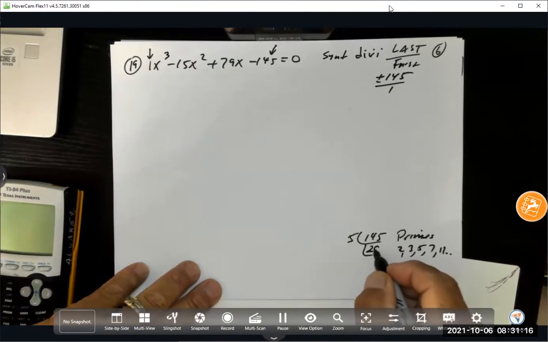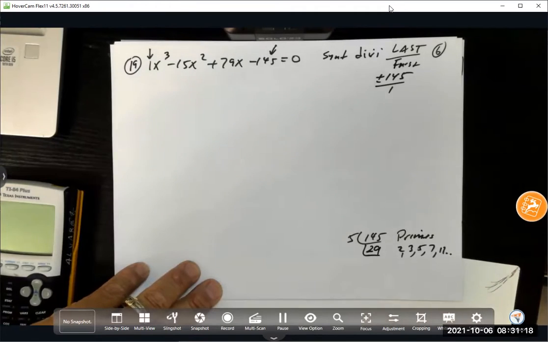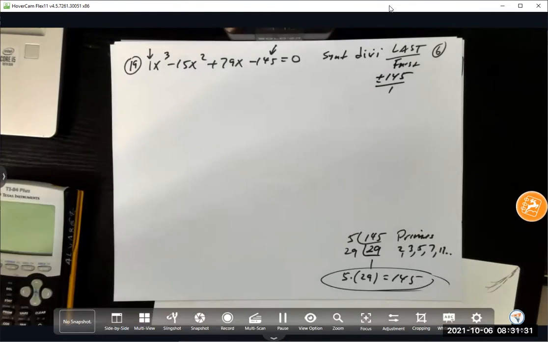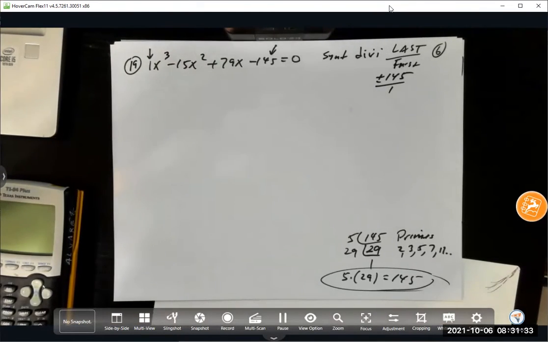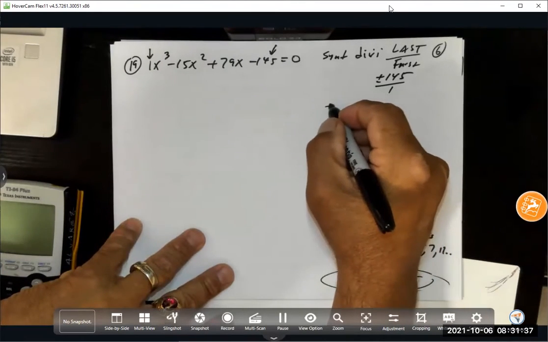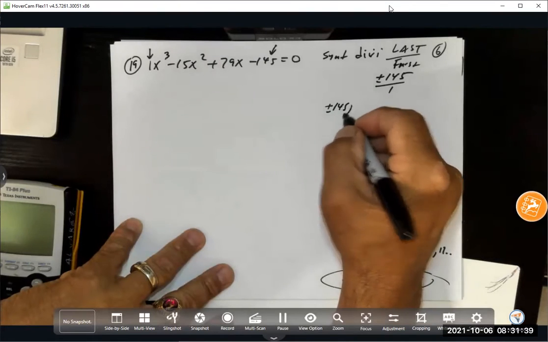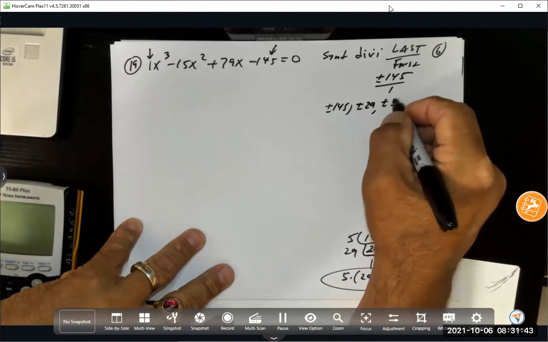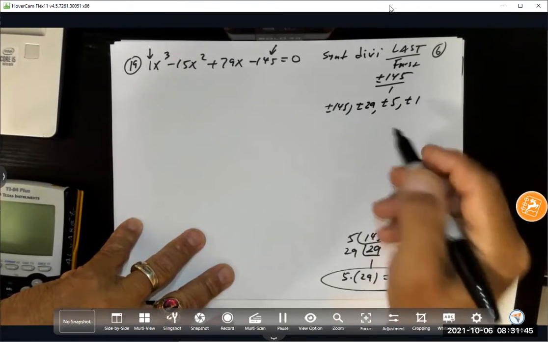Is it 29? Y'all get 29? Yes. Right. So 5 times 29 equals exactly 145. Is that right? Yes or no? Do it in the calculator. Yes. Okay, so the numbers that divide 145 are, well, 145 divides it, of course, 29 divides it, 5 divides it, and 1 divides it.